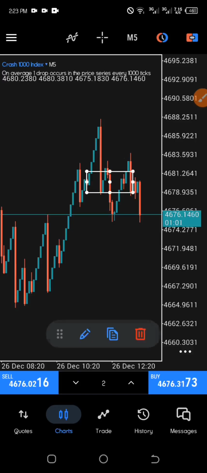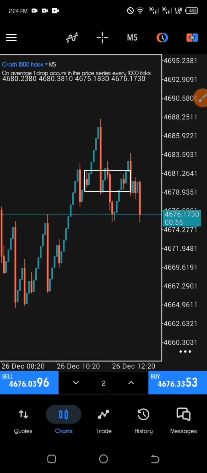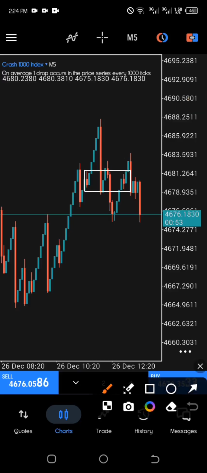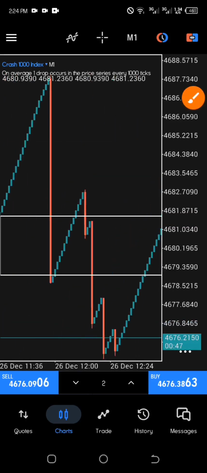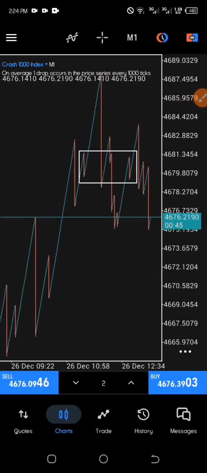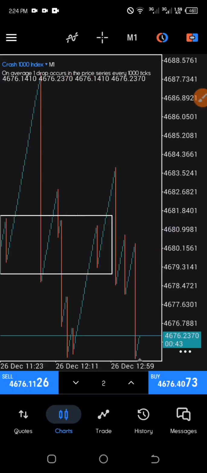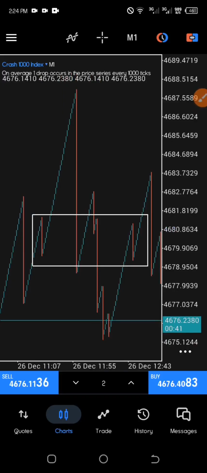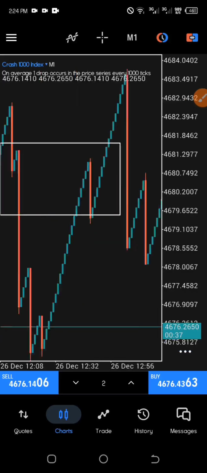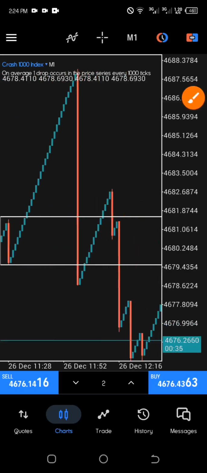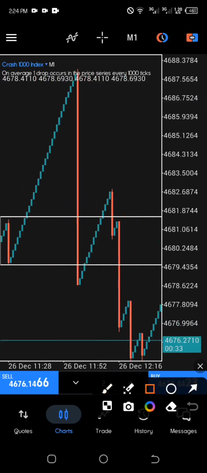When we're looking at this spike right here, the next thing we do is wait for a spike to occur, which is this spike right here. After this spike, we switch to our 1 minute time frame for entries. When we get to our 1 minute time frame, we wait for the spike to happen, which is this spike right here.